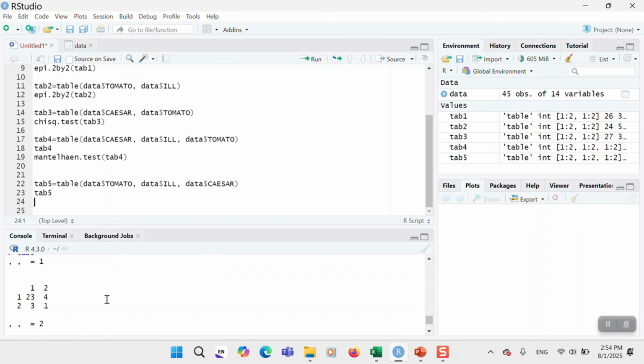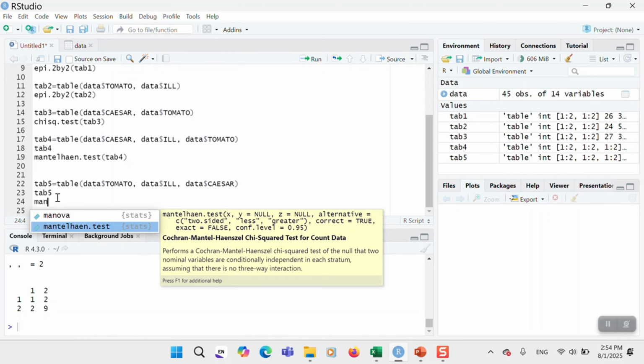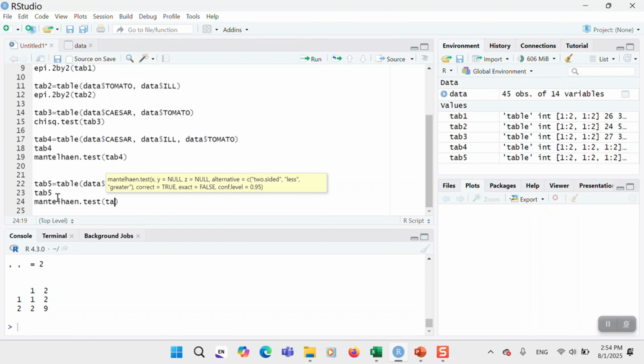Here is the table for those who had Caesar salad, and among the people who did not have the Caesar salad, what's the relationship between tomato and illness? And here we'll have higher weight compared to this one. So when we combine them, this category will have higher weight compared to this category. Okay, so let's look at the results. Mantel-Haenszel test for table 5.